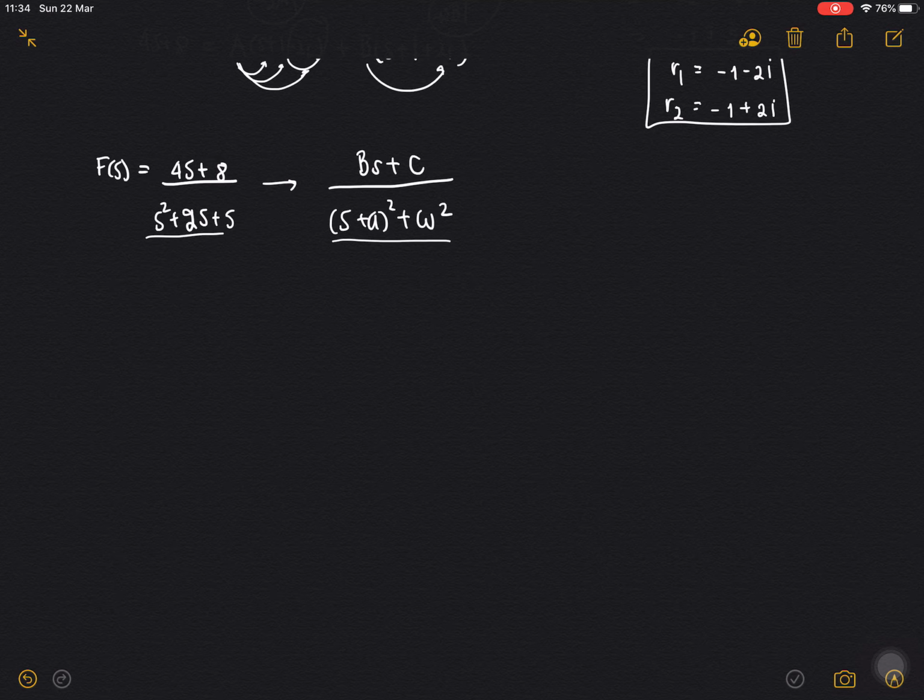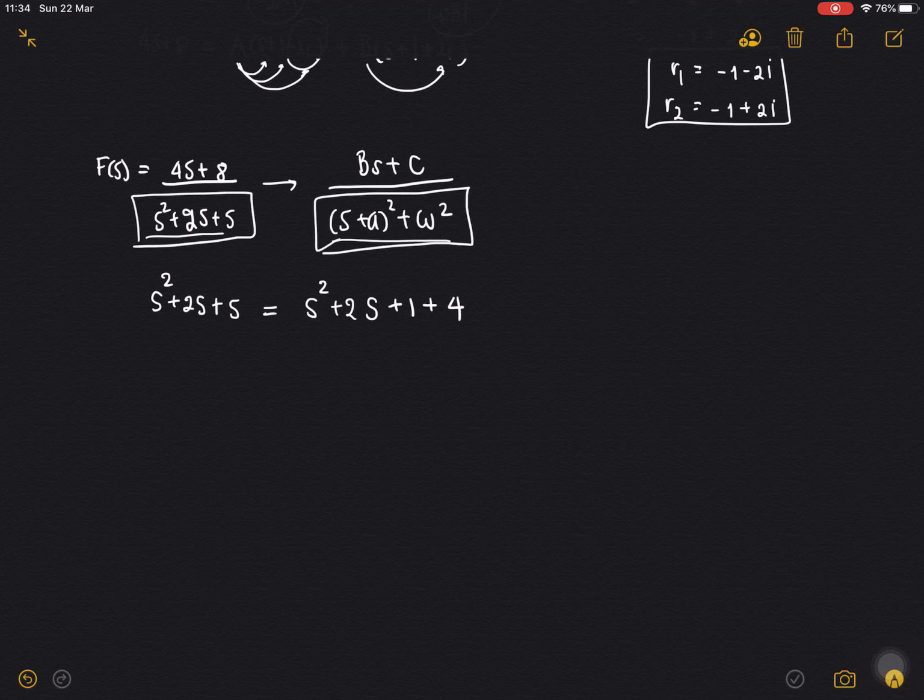So let's say this: when we have s squared plus 2s plus 5, that becomes s squared plus 2s, and then plus 5 here becomes plus 1 plus with 4. So we want to transform this one into the form that is equivalent to that one.